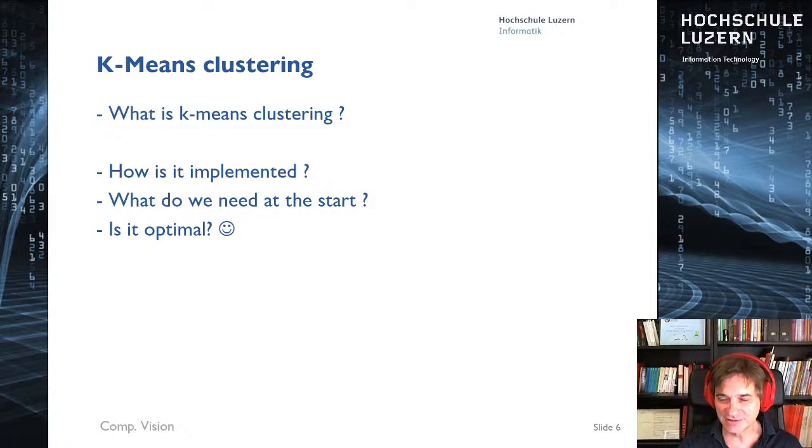With different starting points, we could have different results. Yes. And maybe the other question is, what do you actually need at the start? If you think of it as an image, what would be your input to k-means clustering if you want to do image segmentation?